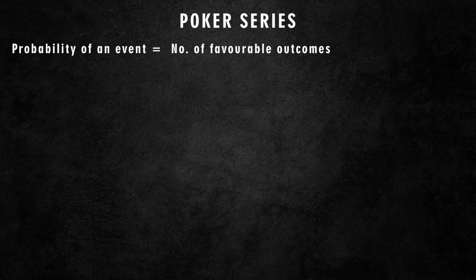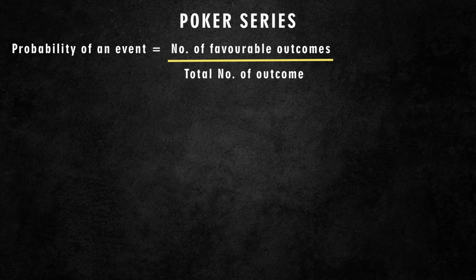So the first part about probability is about the denominator, right? So the basic formula of probability goes this way, and I guess you might have studied this in school as well. So probability of an event is the number of favorable outcomes divided by the total number of outcomes.